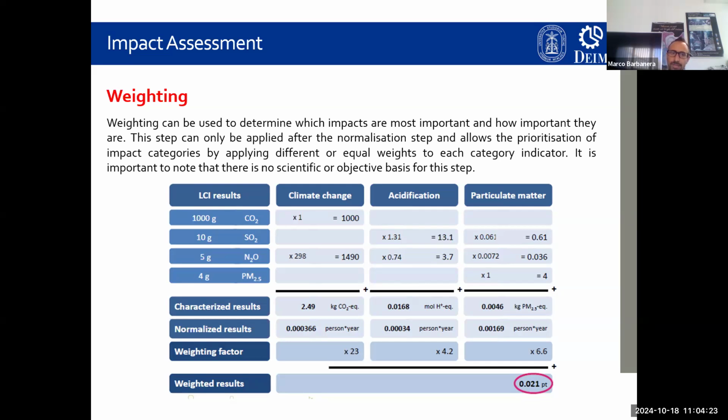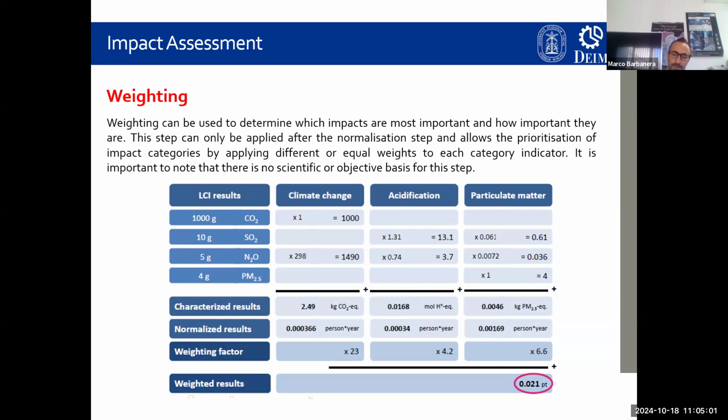Instead, if we end our evaluation at the characterization step, the comparison will be more difficult because we have to compare 10, 15 environmental scores. And so it could be difficult to define the best product in terms of environmental sustainability.